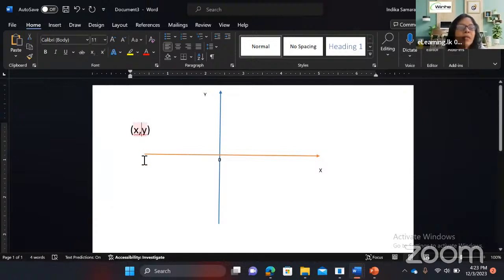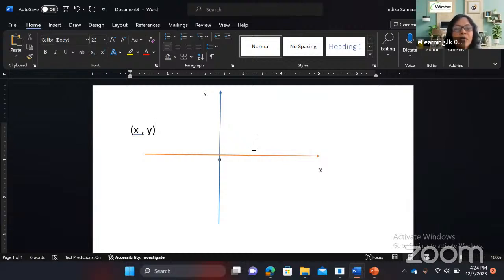If you are given each point, we call it a coordinate, an xy coordinate. So in the xy plane, each point is represented with a coordinate. That means each point has an x value as well as a y value, right?